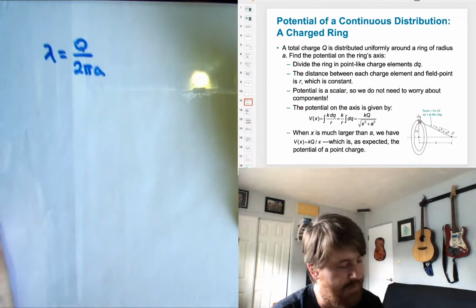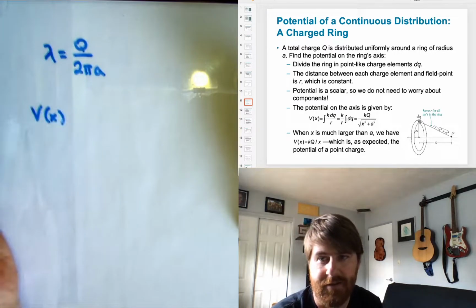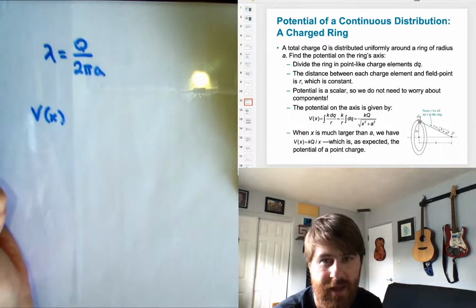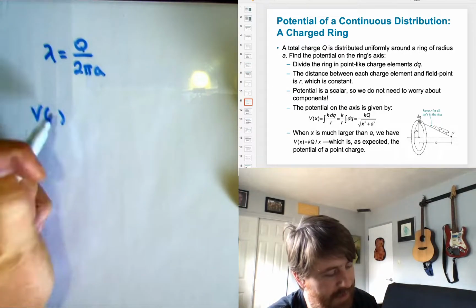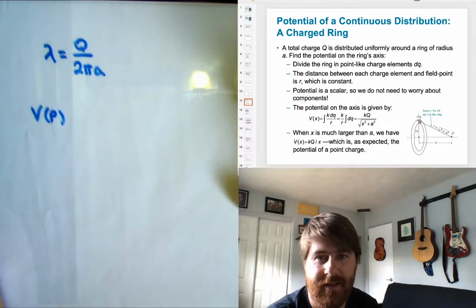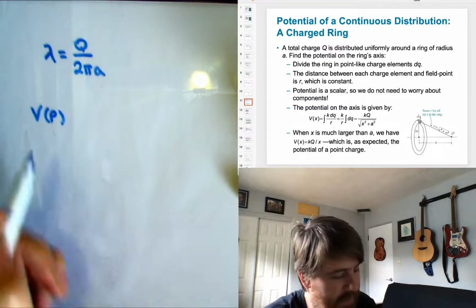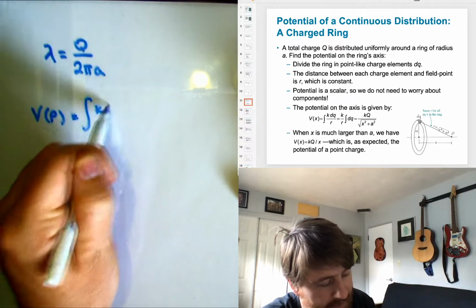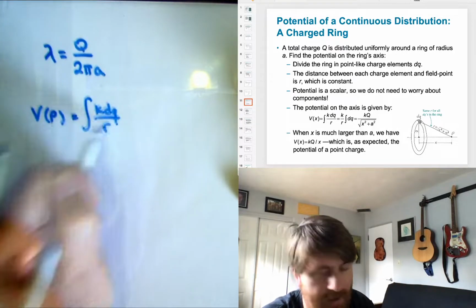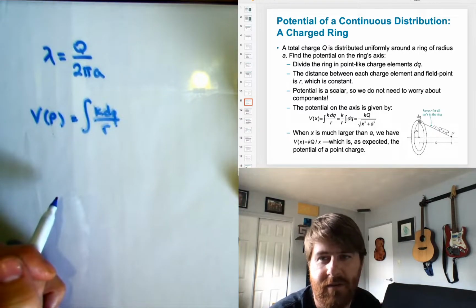Okay, and the integral that I have to complete to find the potential at point P, a distance x away from the center. I should call that potential at P, not potential at x. Anyway, that's going to be the integral of K dq over R. And I'm treating each one of these dq's as a point charge.